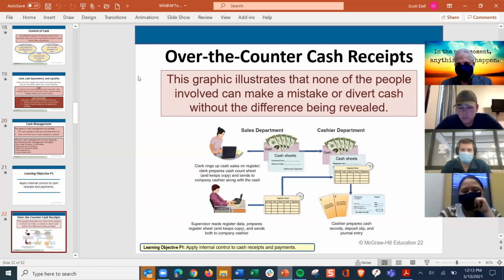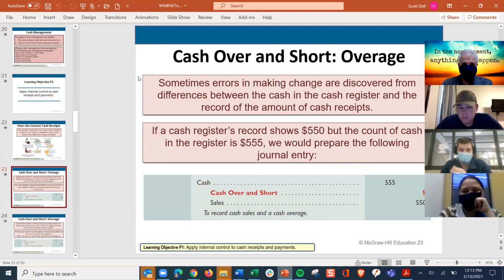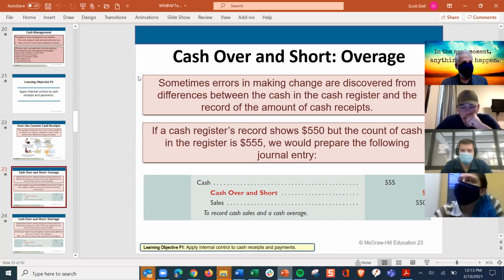Over-the-counter cash receipts. Yep, we're going to have separate receipts, disbursements, and processing to go with that. Cash over and short. Usually it's more short than over, by the way. What happens is you count the cash register and you should have $500 in the drawer. You only get $495. Somehow $5 disappeared.